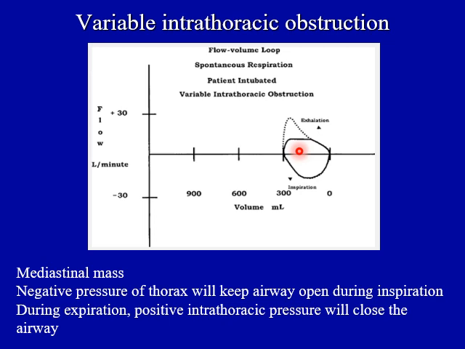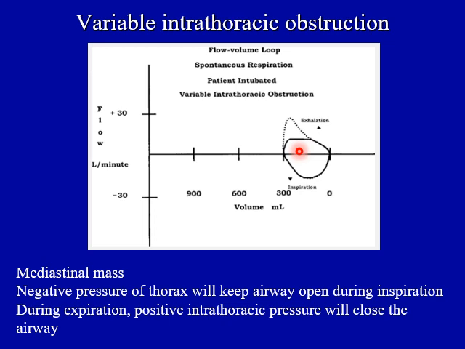So what happens in case of a mediastinal mass? Whenever the patient inspires, the negative intrathoracic pressure maintains the patency of the intrathoracic trachea and the bronchi.